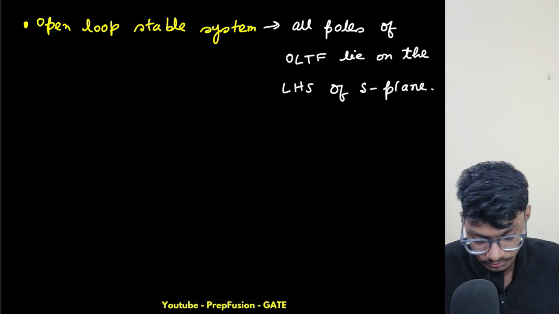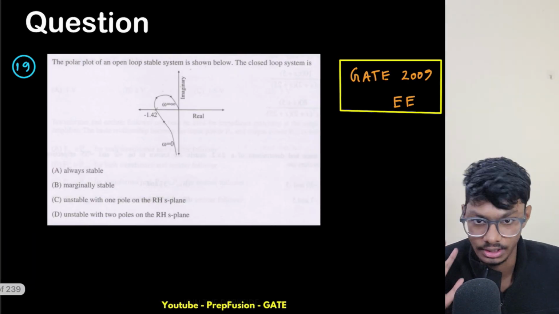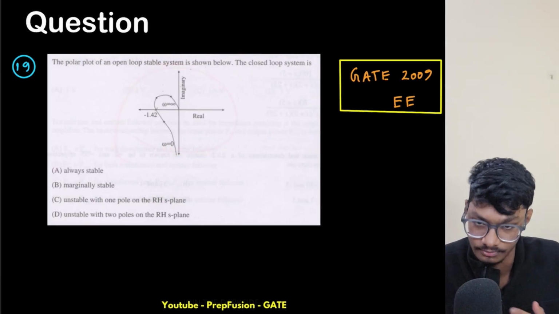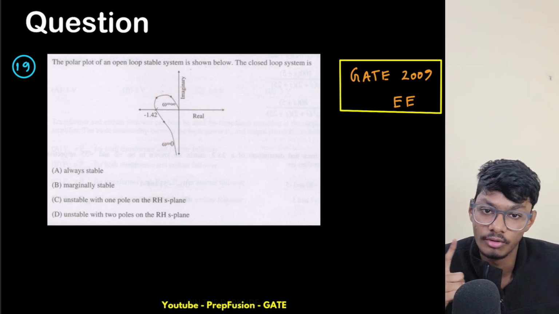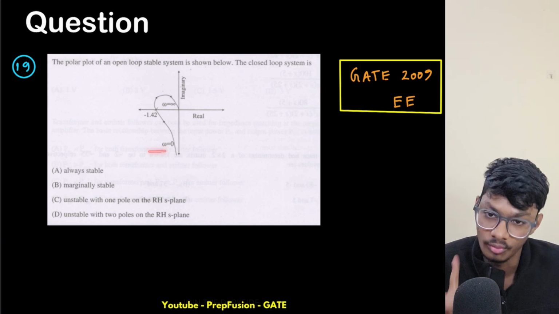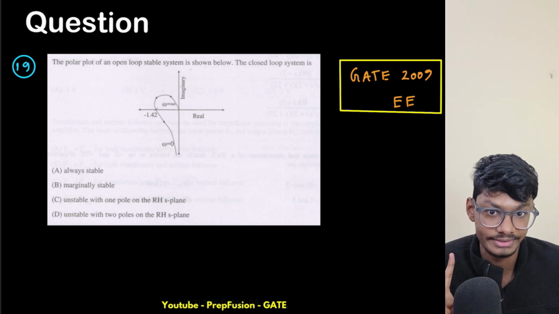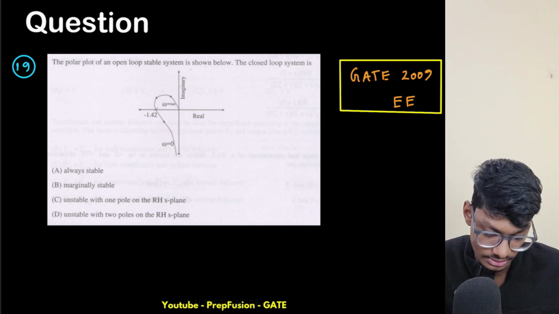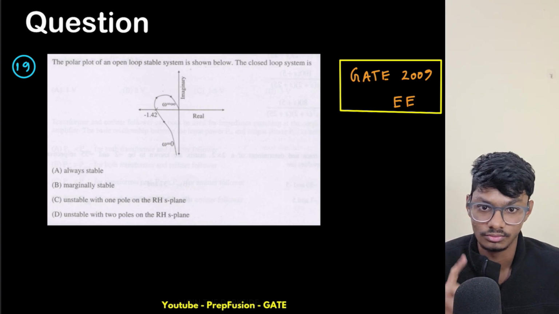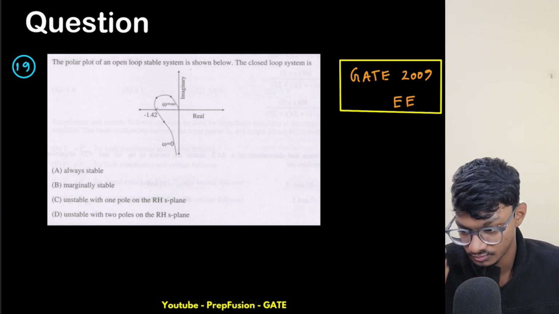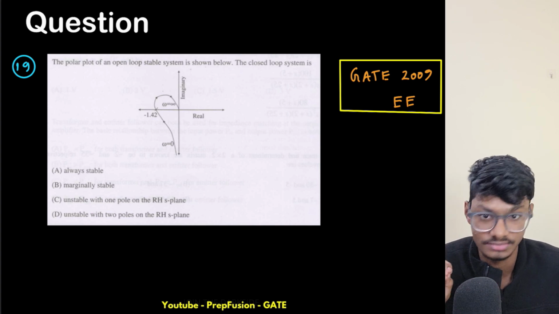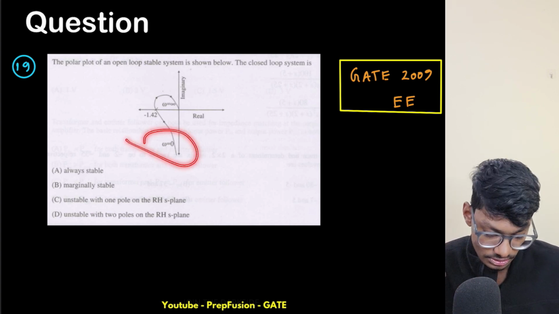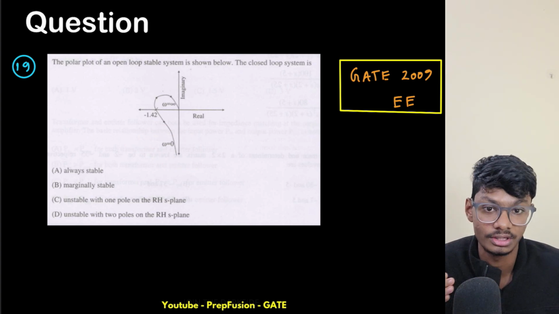Now what other information can we get from this polar plot? We have done this polar plot multiple times. This is starting at omega equals 0, and the start represents what type. Here I see it is starting from minus 90 degrees, so this is type 1, because when there is one pole at the origin and I put s equals 0, the other angles become 0, whatever the order is. Just that one pole will remain, and that contributes minus 90.